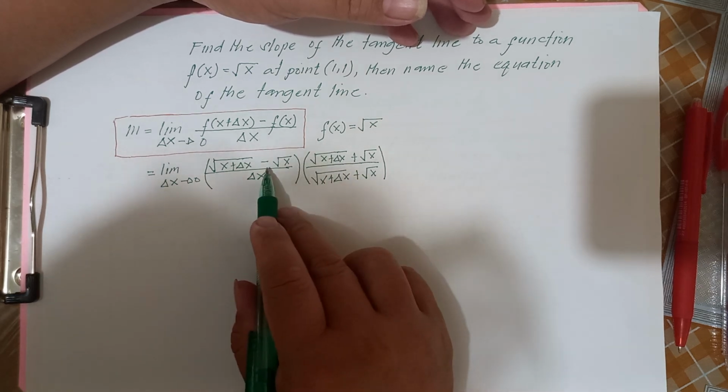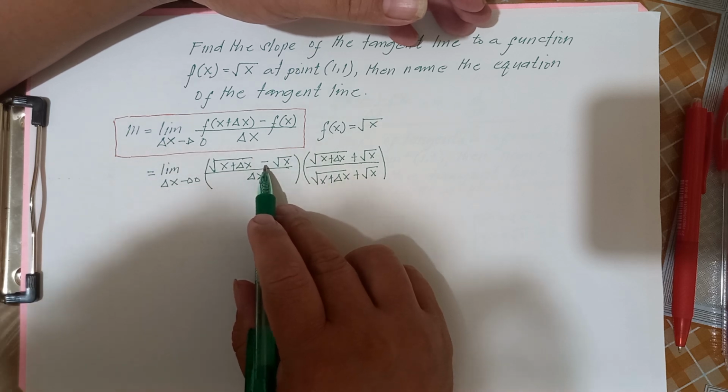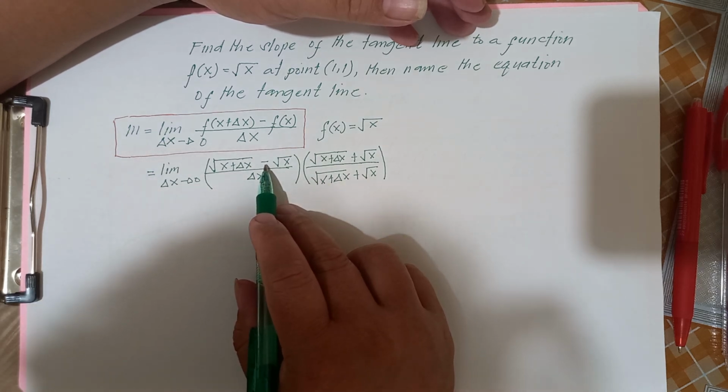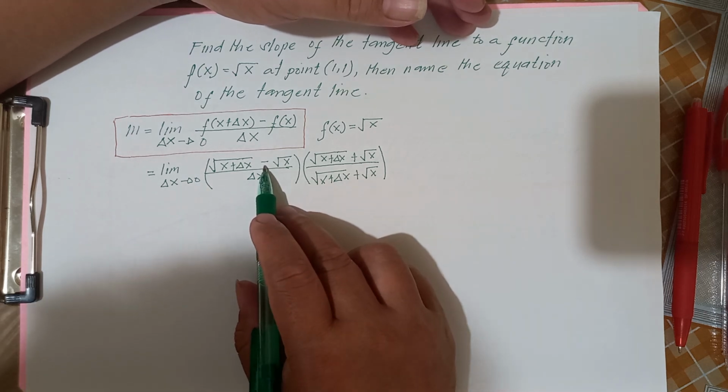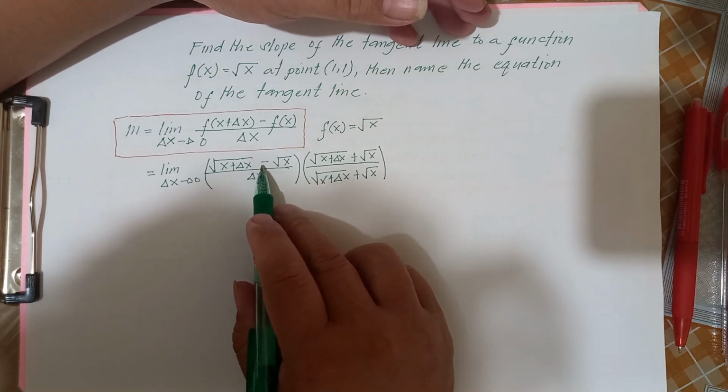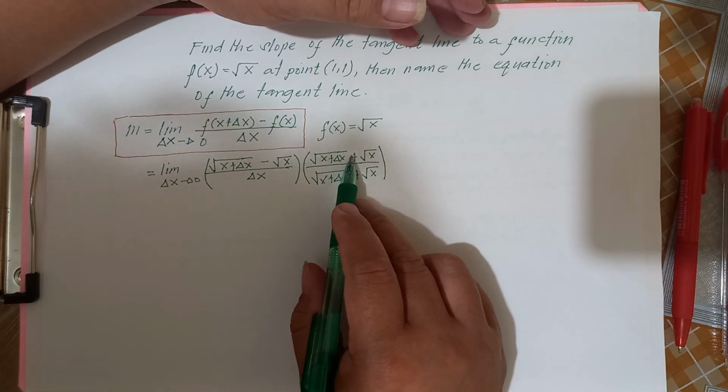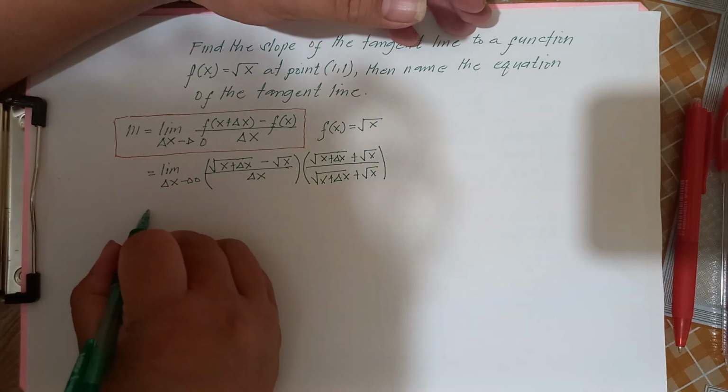Okay, it is actually the product of the difference and sum of two binomials, wherein it will give you a result.